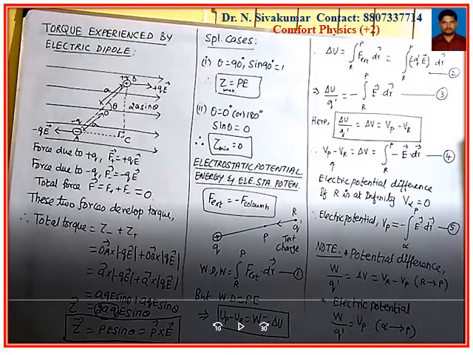Work done to move a test charge from one point to another point is called potential difference. Electric potential is defined as the work done to bring a test charge from infinity to a particular point against the source charge.